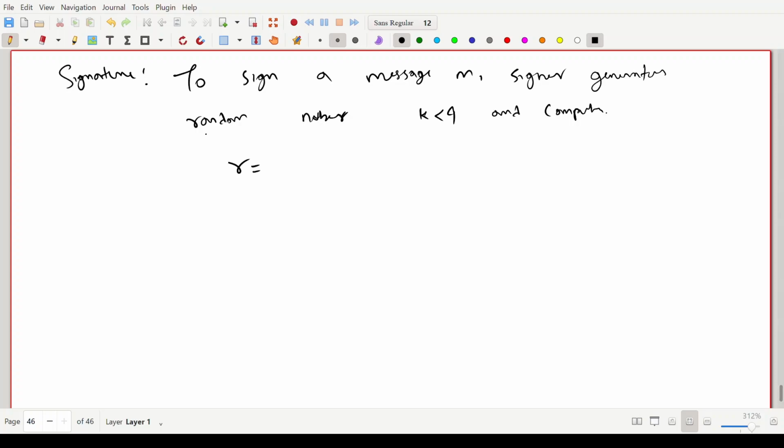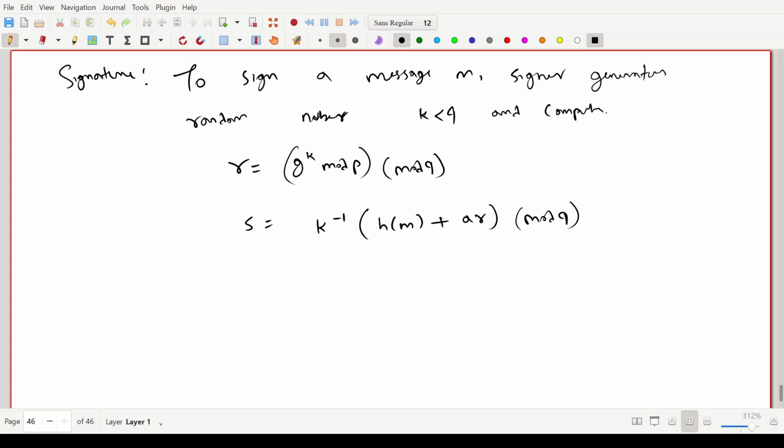R is G raised to K modulo P, and then take modulo Q also. And S is K inverse times (HM plus AR) modulo Q. Earlier it was minus AR, here it is HM plus AR. So the signature on the message is sigma, which is (r, s).